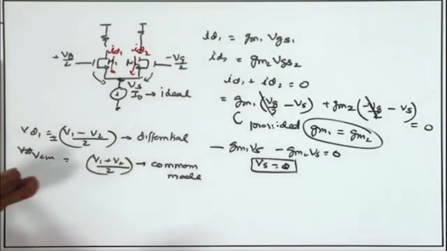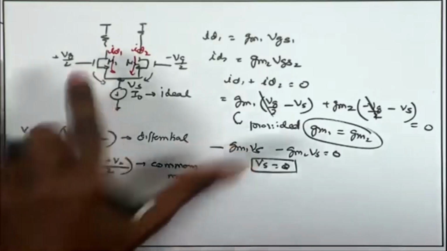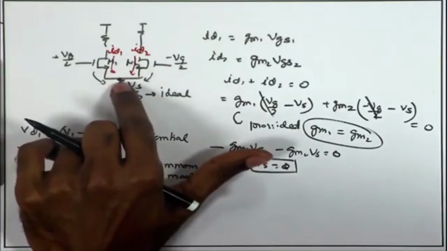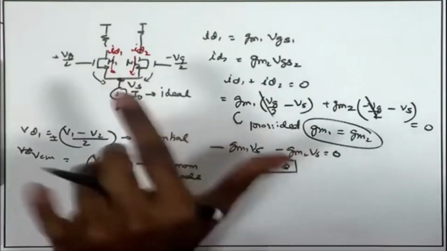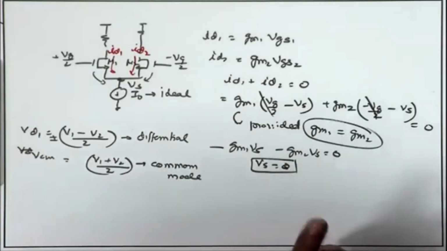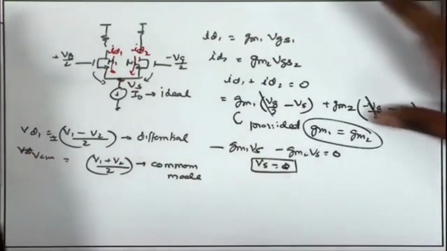So, for the differential case, one thing we have already figured out, if I am looking at the differential operation plus Vd by 2 minus Vd by 2, one thing we have already seen is that the Vs is AC ground. For the differential mode, we can always treat Vs as the AC ground. In that case, I can talk about the differential half circuit, right.